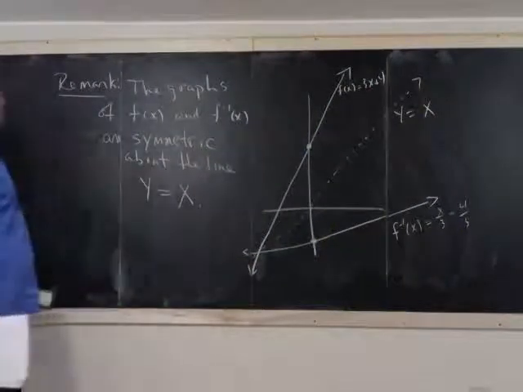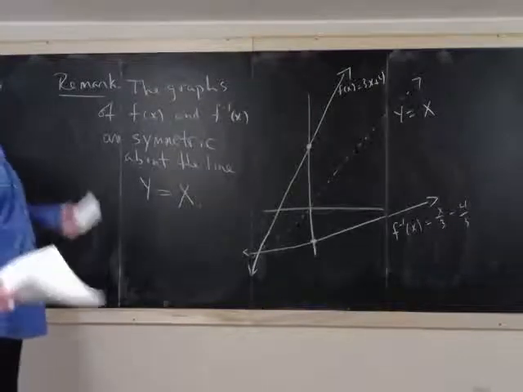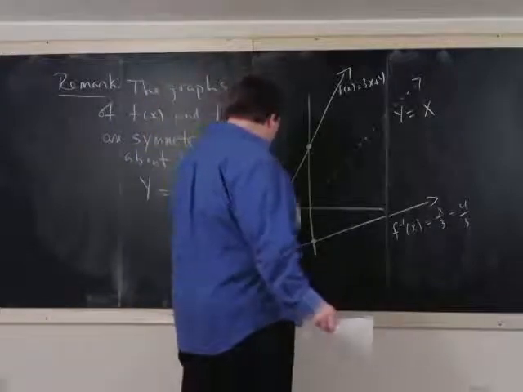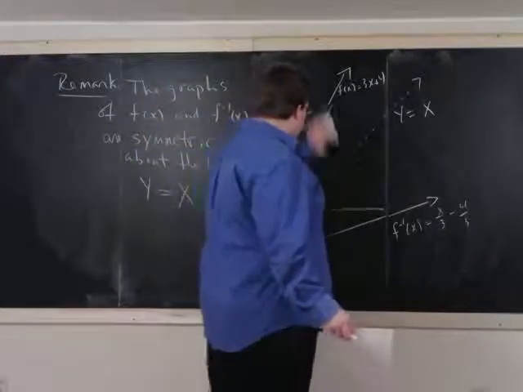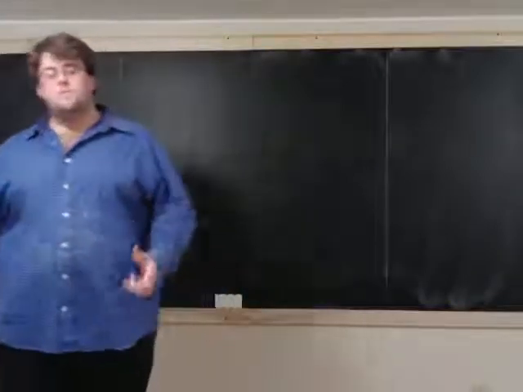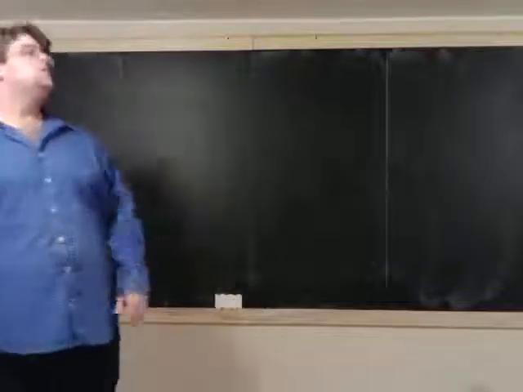This remark, by the way, is a geometric interpretation of the composition of inverse function definition. And what we're going to see next is that the process I described for finding the inverse function doesn't necessarily always work.